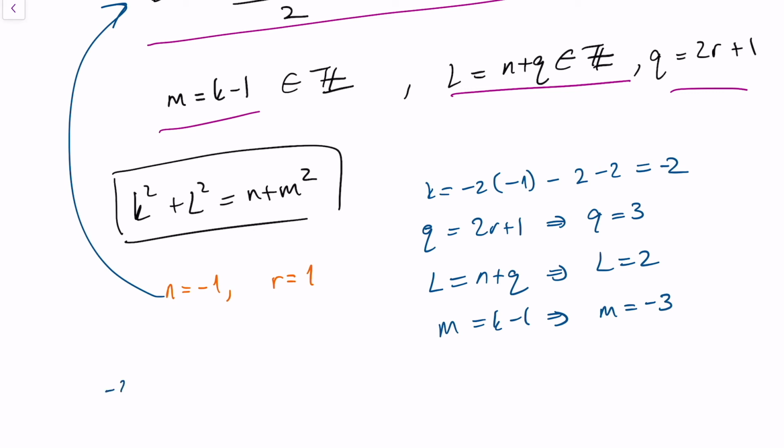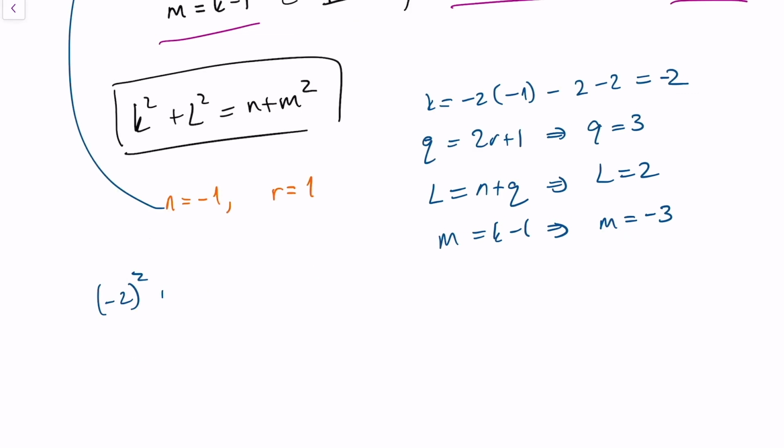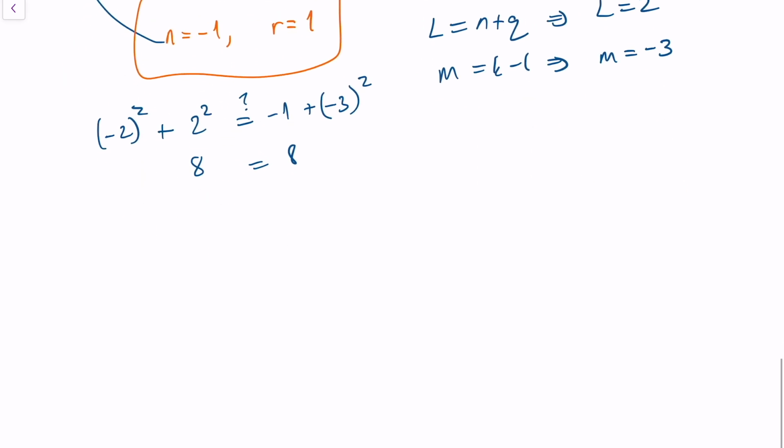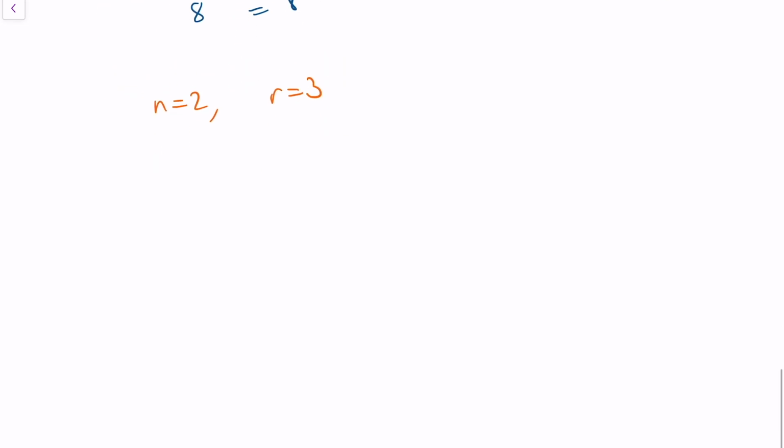Okay, let's test the equation. k squared, which is -2 squared, plus l squared, which is 2 squared, is it equal to n, which is -1, plus m squared, which is -3 squared? Well, we have 8 is equal to 8, clearly. Let's choose another set of values for n and r. Let's say n is equal to 2 and r is equal to 3. Plug it into the equation.